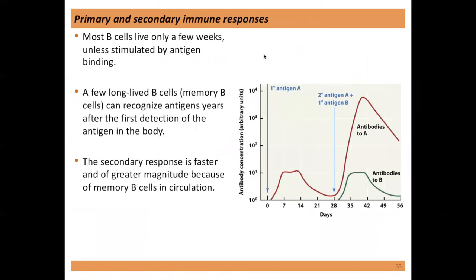These are the memory B cells. I keep calling them beta cells, but they're B cells. These memory B cells can recognize antigens years after the first detection of the antigen in the body. And this is how we can build a response to something like chickenpox, because of these long-lived B cells.